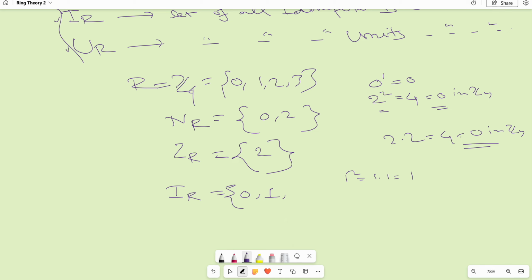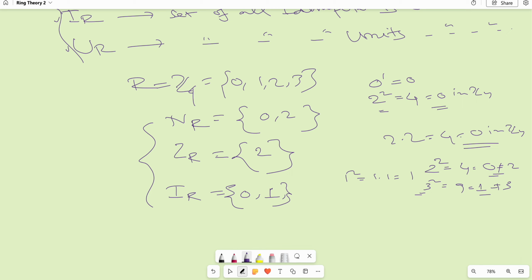But 2 squared equals 4, which is 0, not 2, so 2 is not an idempotent. 3 squared is 9, which is 1, not 3, so 3 is also not an idempotent. The only idempotents are 0 and 1, right?